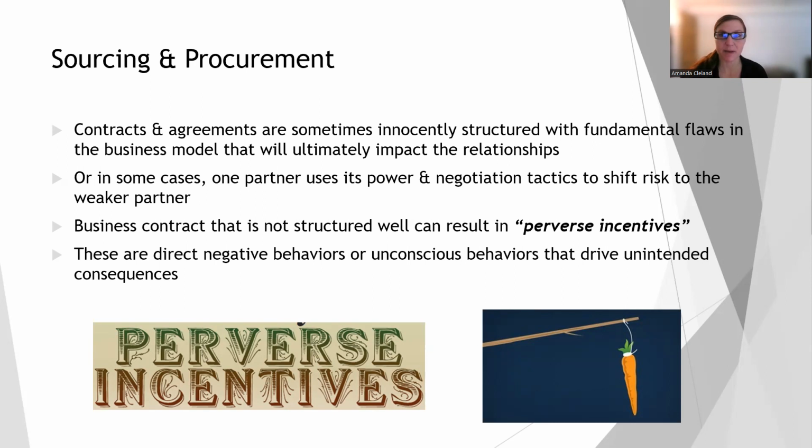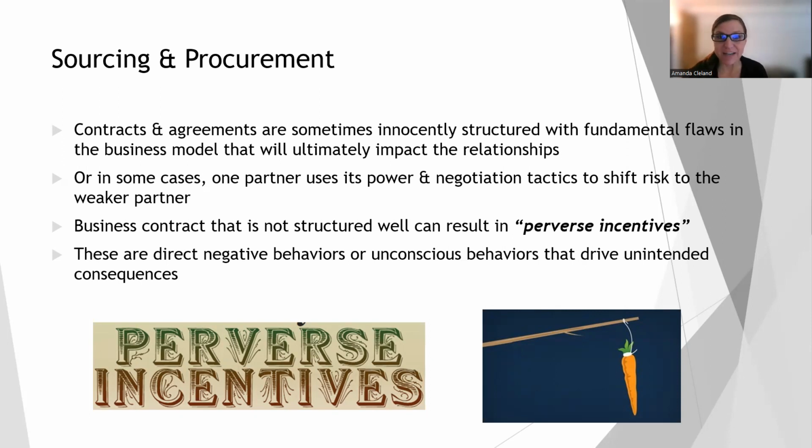In some cases, depending on how the contract is structured, you could have one extremely powerful party, usually the buyer or the supplier, that is going to use its power. Perhaps they're very good negotiators, and they're going to shift all of the risk onto that weaker partner.